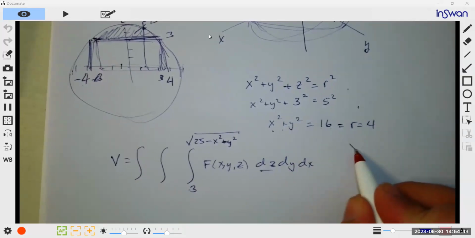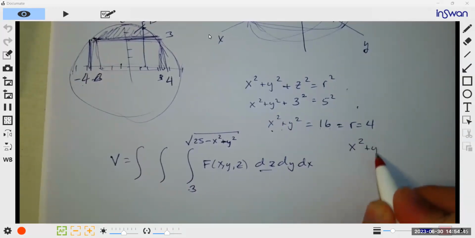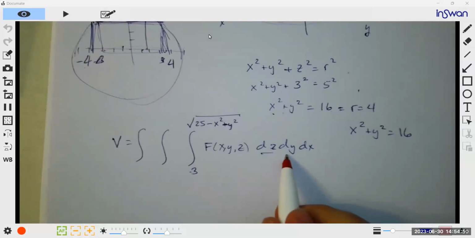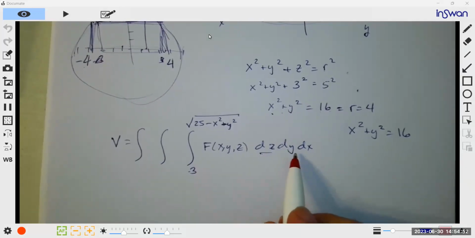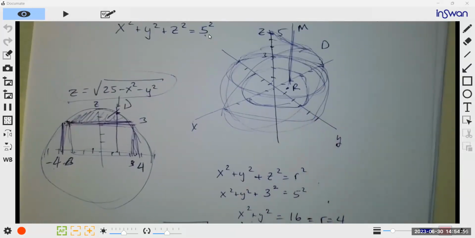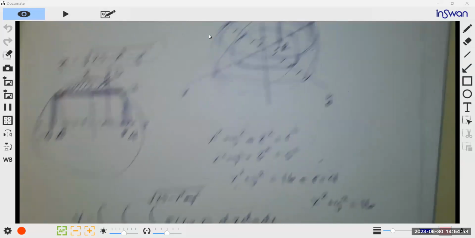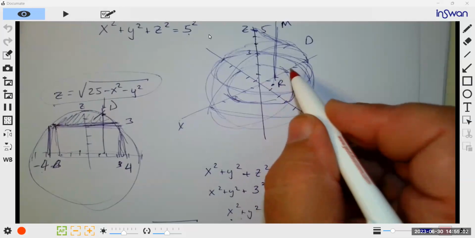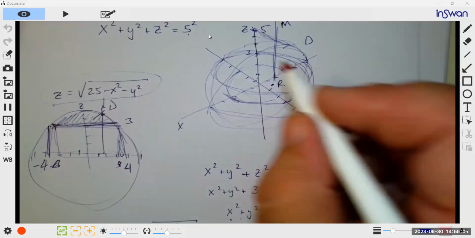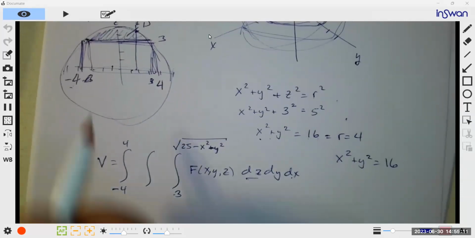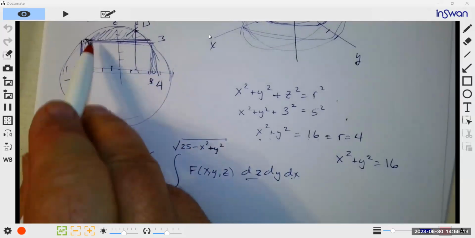Now, to figure out our bounds of integration of y, since x is our last bound of integration, we know our x is going to be from -4 to 4. We know this one already, because that's where the curve begins and ends.